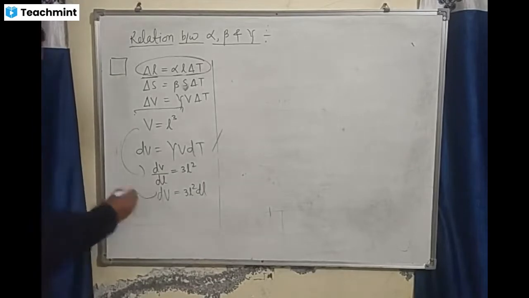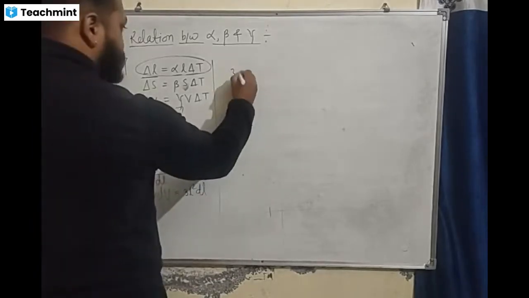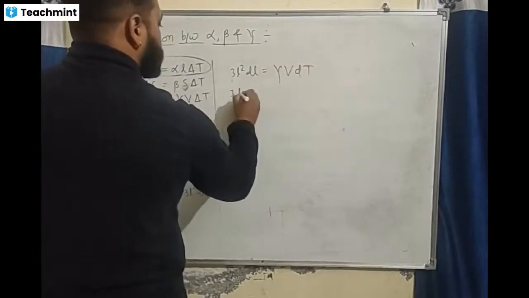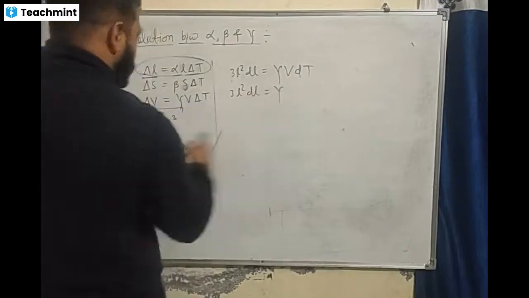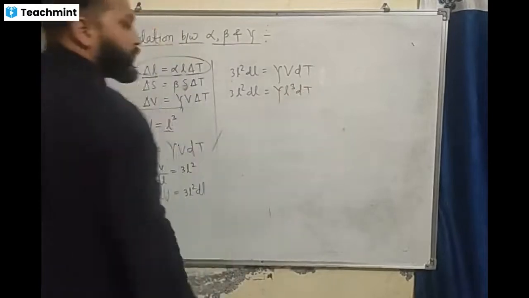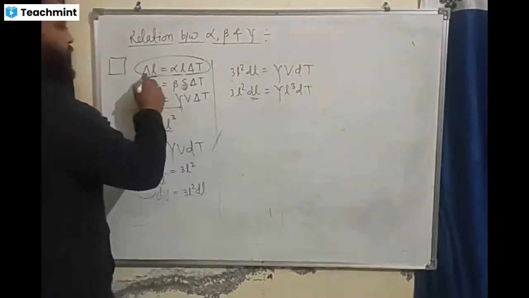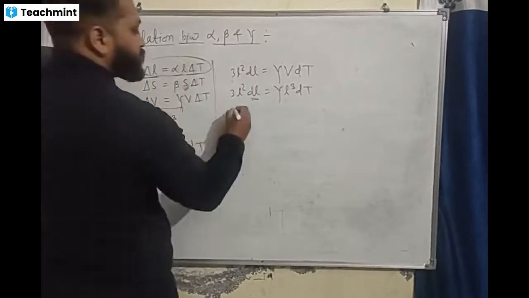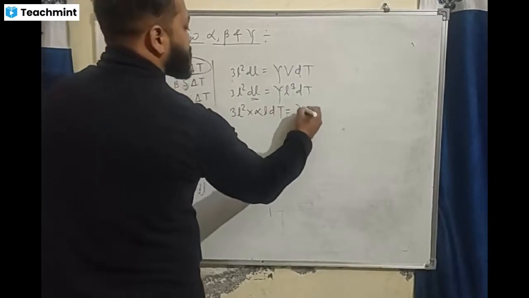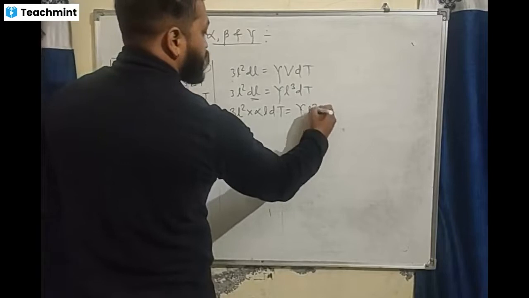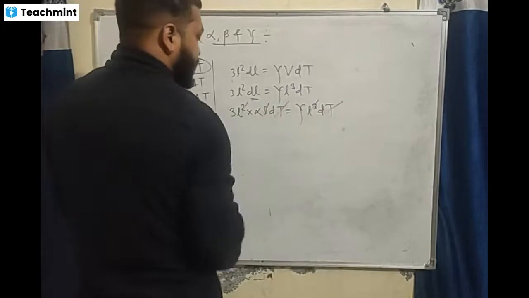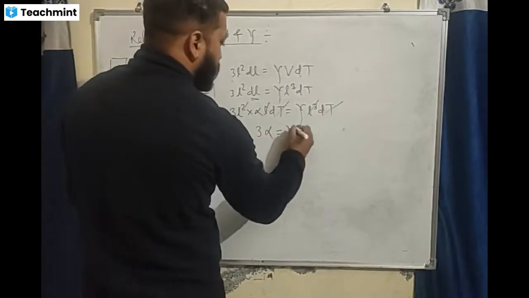Putting this value, 3L square dL equals gamma V dT, and the original volume V is L cube. What is the value of dL? dL equals alpha L into dT. So 3L square into alpha L dT equals gamma L cube dT. L cube cancels and dT cancels, so it becomes 3 alpha equals gamma.